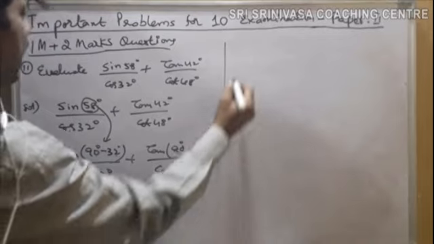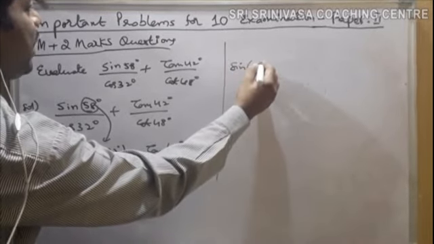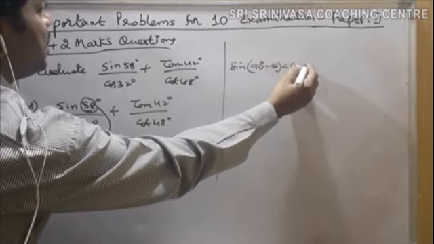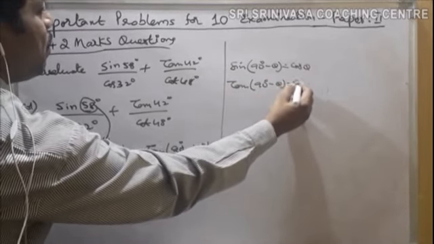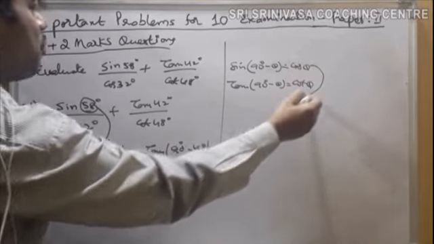Now we have one formula: sin of (90 minus theta) is cos theta, tan of (90 minus theta) equals cot theta. Let me use these two formulas here.